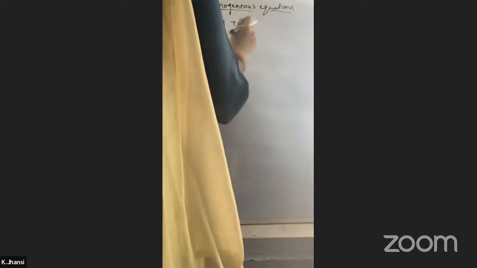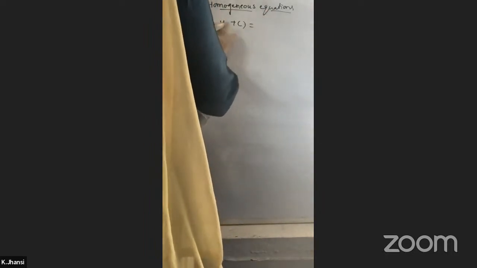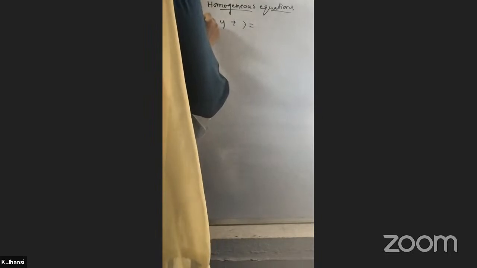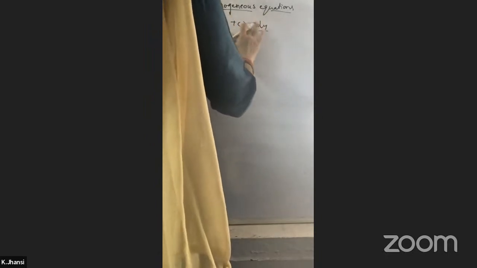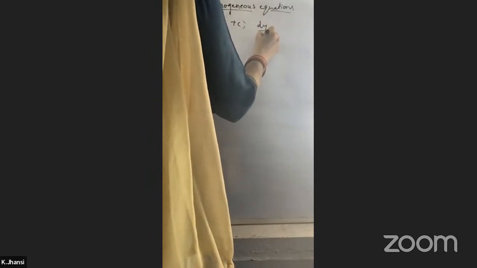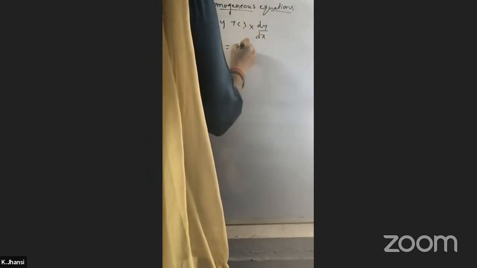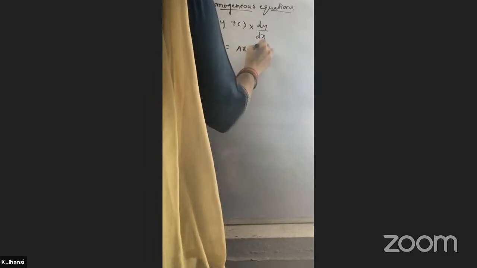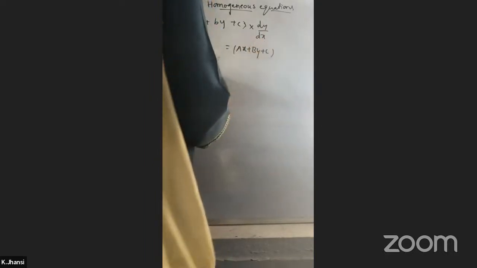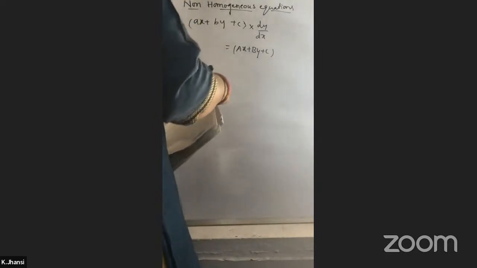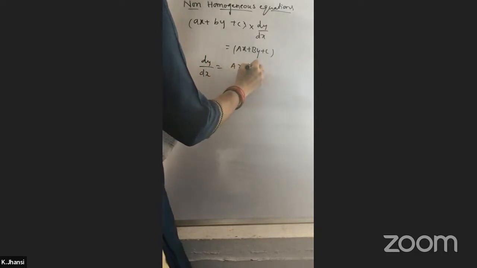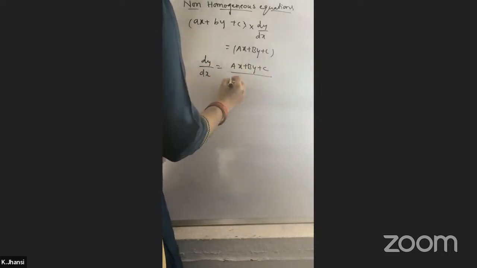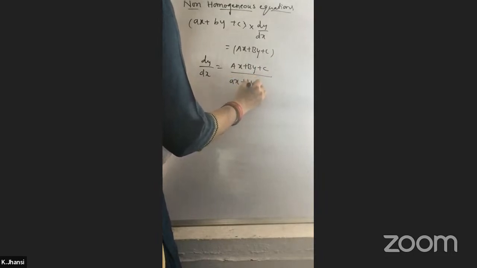So it is equal to, or else we can write it like this: dy by dx is equal to small a x plus small b y plus small c divided by capital A X plus capital B Y plus capital C.